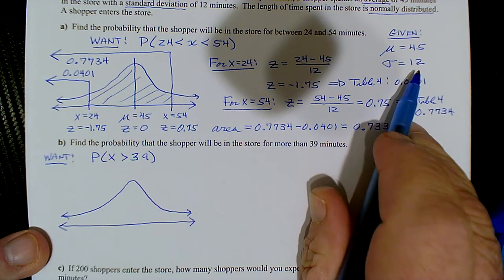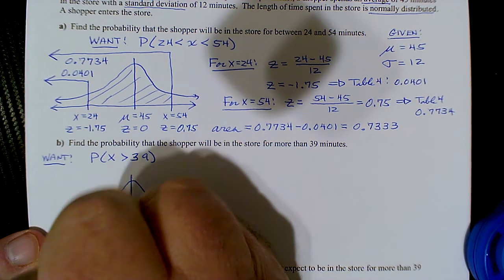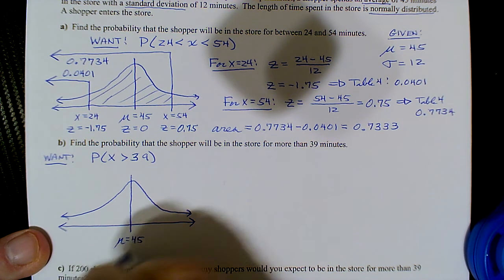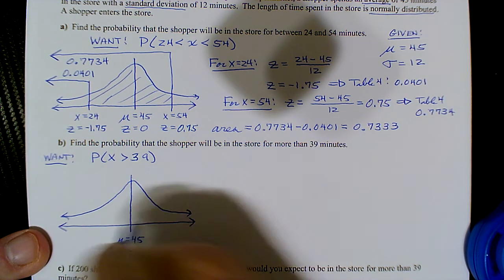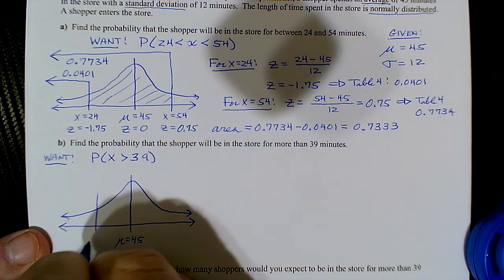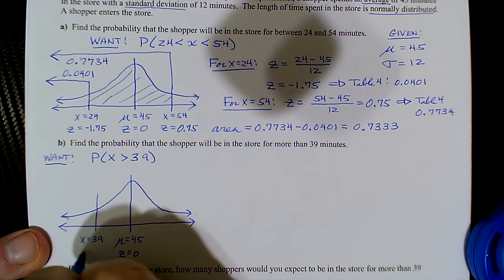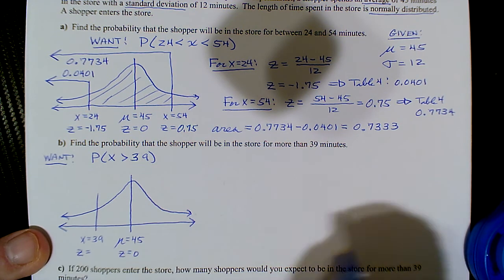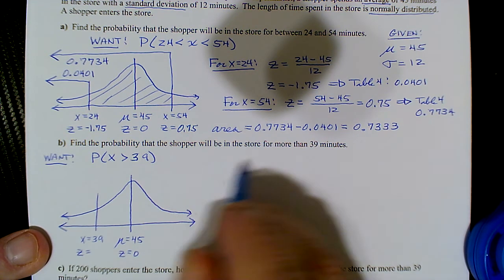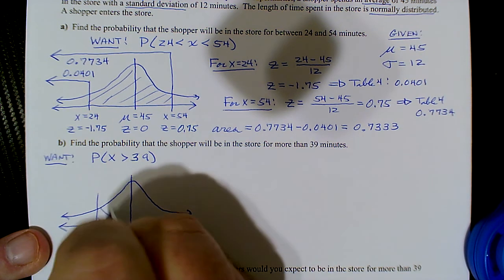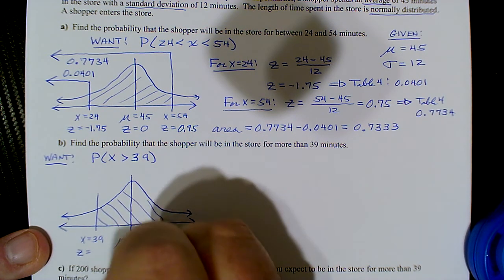Same mean and standard deviation. So mu down the middle is 45. Okay, that's going to give me a z-score of 0. What's our value? 39. Somewhere to the left is x equaling 39. We'll transform that to a z-score. But we want more than. More than means to the right. So shade in the area to the right of that.